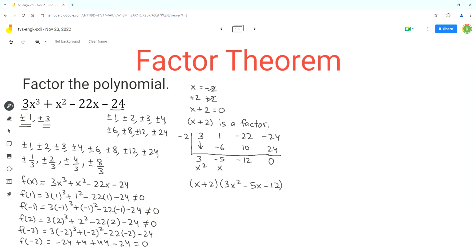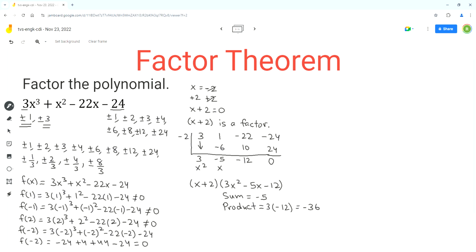The first step is to find two numbers whose sum is negative 5, the coefficient of the x term, and product of the numbers should be 3 times negative 12, which is equal to negative 36.